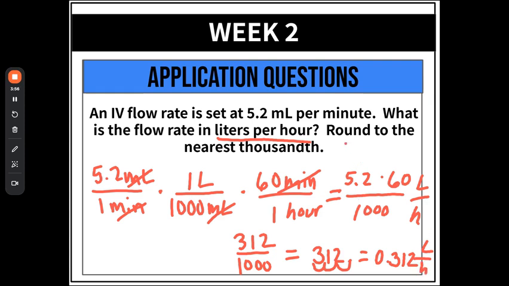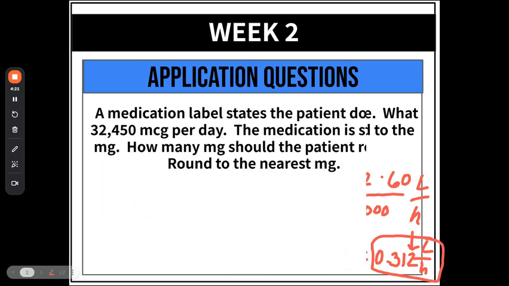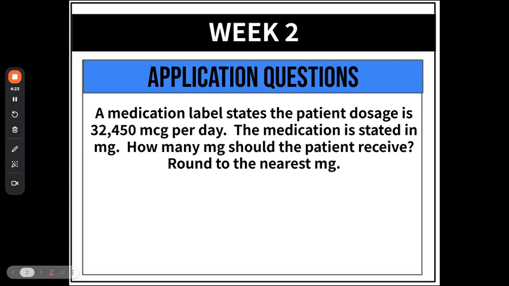Okay, and the question is asking us to round to the nearest thousandth. Right here is going to be the thousandth place. And there's no numbers after that, so we're good. 0.312 liters per hour.